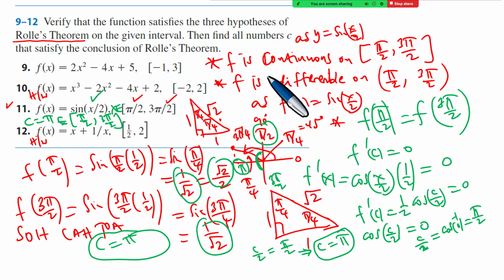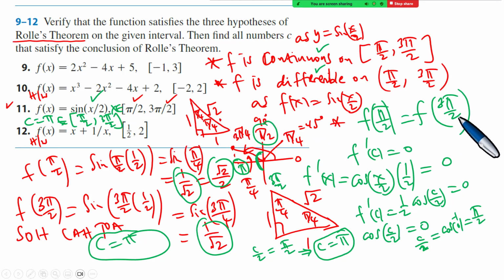We're supposed to first discuss the fact that this function satisfies the three hypotheses of Rolle's theorem. Continuity, differentiability: f is continuous as the trigonometric sine function is continuous everywhere, and f is differentiable on the open interval, continuity is over a closed interval. Moreover, we have the third condition that says f at a equals f at b, so f at pi over 2 equals f at 3 pi over 2.